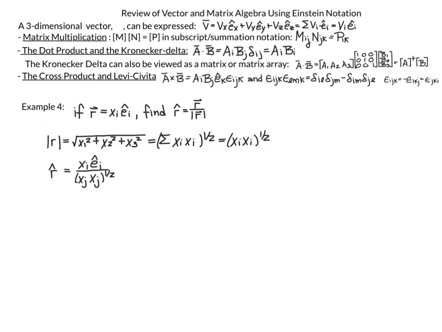So first, the magnitude of our vector r is equal to the square root of x1 squared plus x2 squared plus x3 squared, which is the summation of x sub i times x sub i, raised to the 1/2. And we can get rid of this summation because we have this double index, x sub i x sub i to the 1/2. So that means our r hat is equal to x sub i e sub i over x sub j x sub j raised to the 1/2. And notice here, you do want to have i and j summed independently.